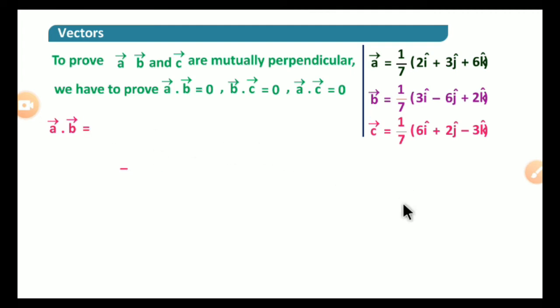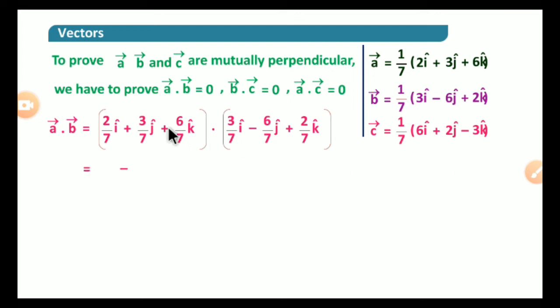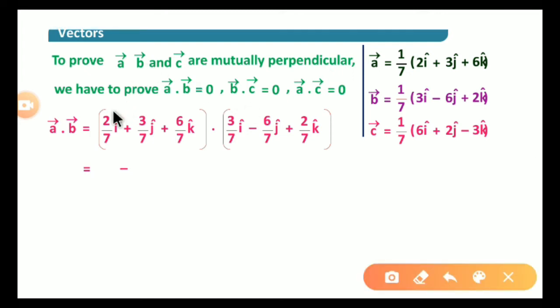A dot B means the dot product of vectors A and B. So we have 2 by 7 i plus 3 by 7 j plus 6 by 7 k, dot product with 3 by 7 i minus 6 by 7 j plus 2 by 7 k. Now we have to find the dot product of these two. So we multiply the first term to the first term, second term to second term and third term to third term.